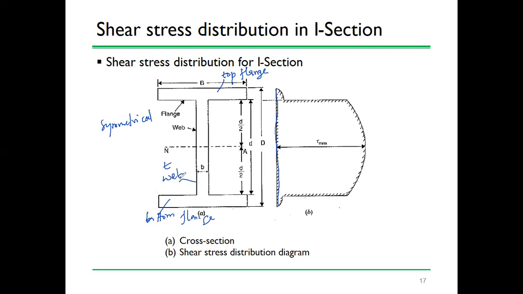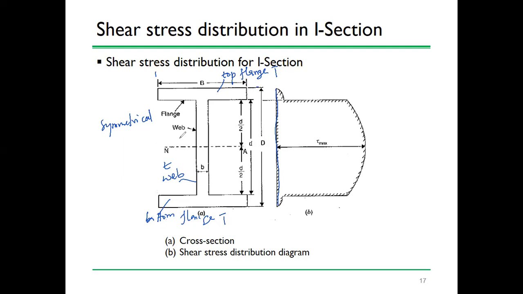The web thickness is small t, the flange thickness, for the top flange and bottom flange, is capital T. And the overall width of the beam is capital B. And the overall depth is capital D. And the inner depth from the inner part of the top flange to the inner part of the bottom flange is a small d.